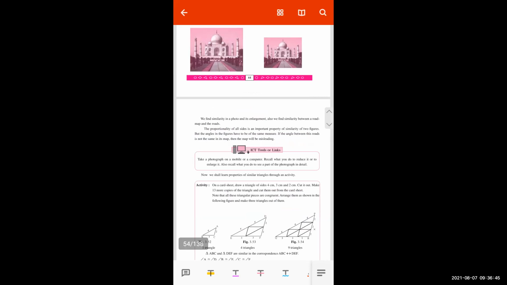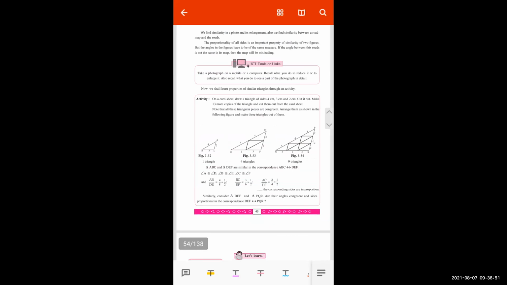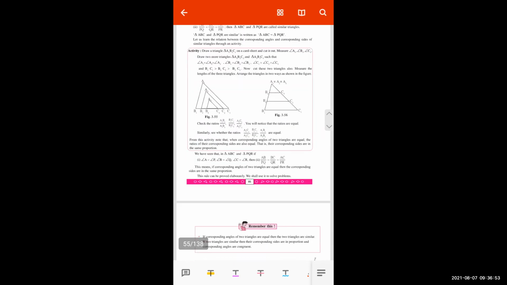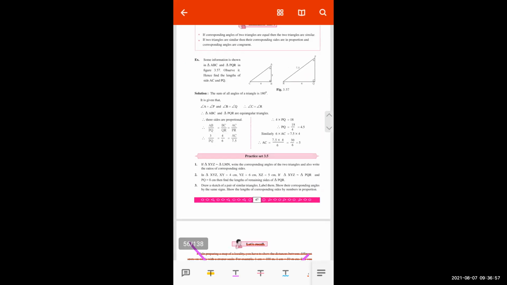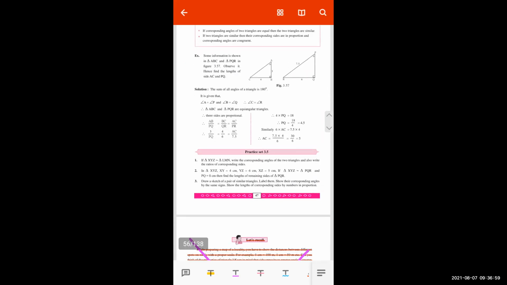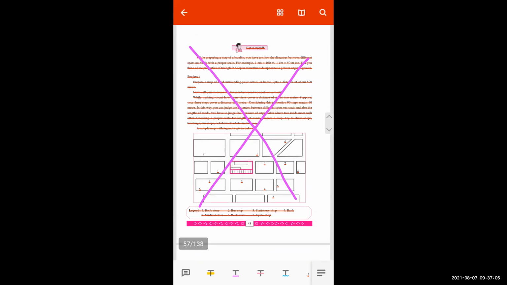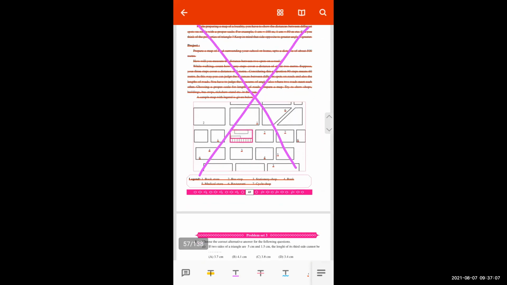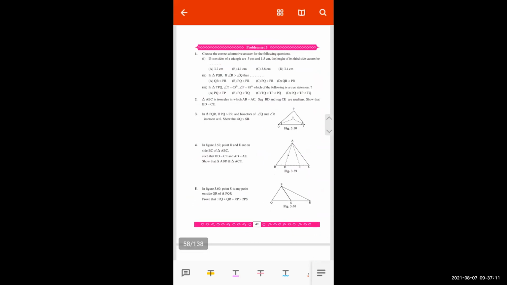Page 46 also complete. 47 also we have to learn completely. And the last page, page 48, is completely reduced. I marked a cross. No need to learn the content from this page. And problem set 3, you have to solve completely. No reduction from this page either.